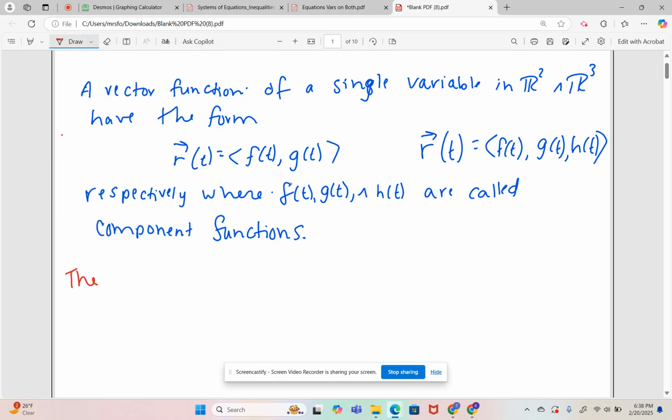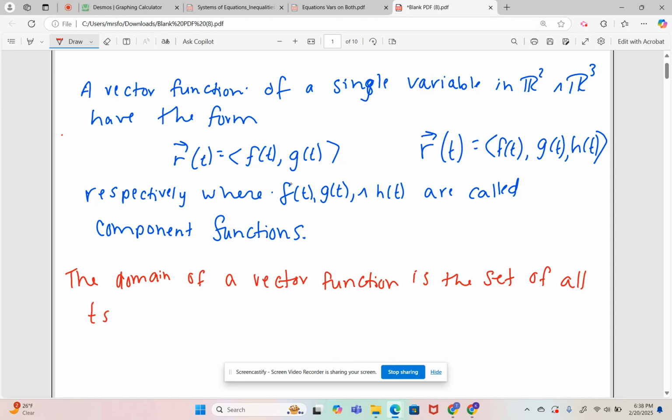So the domain of a vector function is the set of all t's in which all component functions are defined.